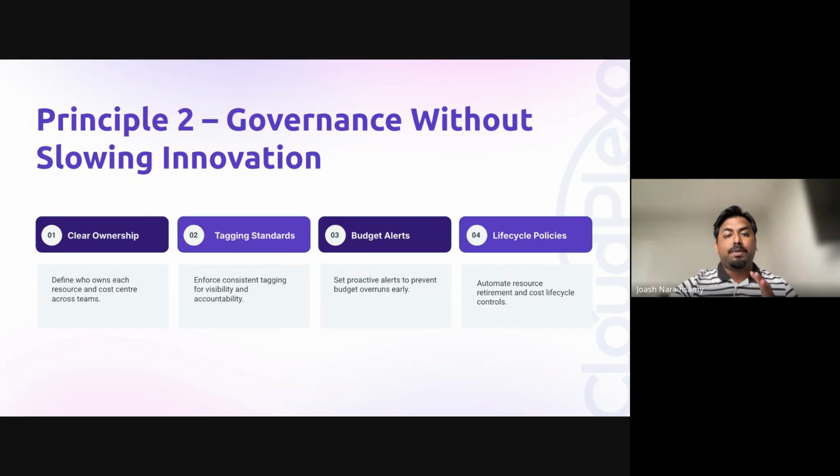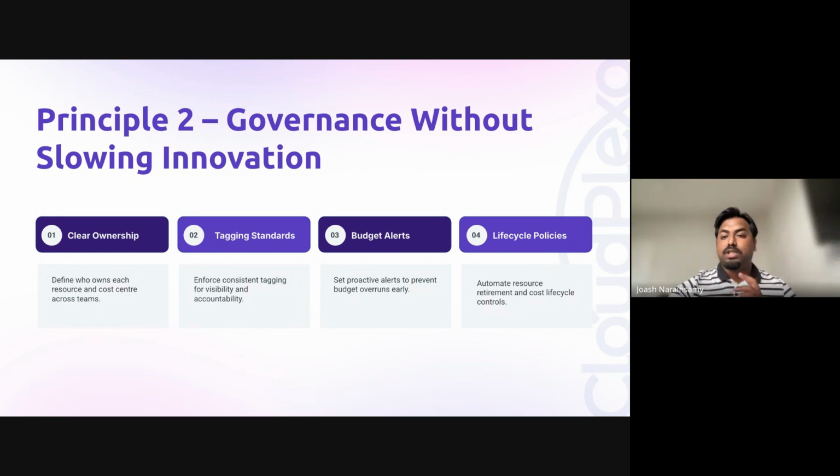An example would be clear ownership, ensuring that your resources are tagged within your account, making sure that your budget notifications are set within your environment, that you have policies in place to prevent unnecessary deployments, and that you have lifecycle management within your environment. These aren't merely technical controls, they're business controls. They ensure cloud environments remain organized as organizations grow.